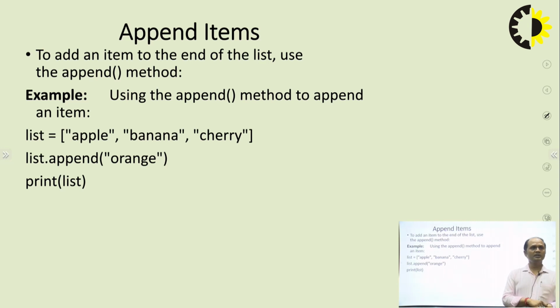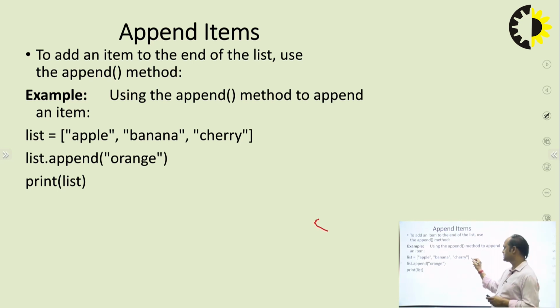And then the next function that we will use in a list is called append. What is the purpose of append? Append is basically used to add any item to a list at the last position. When we use the append function, it will add the data item at the end of the list.